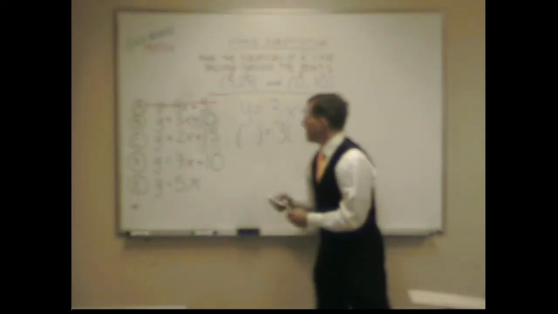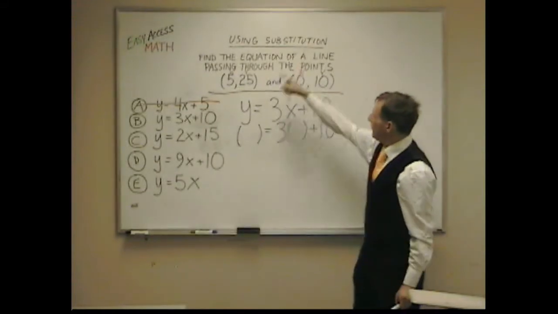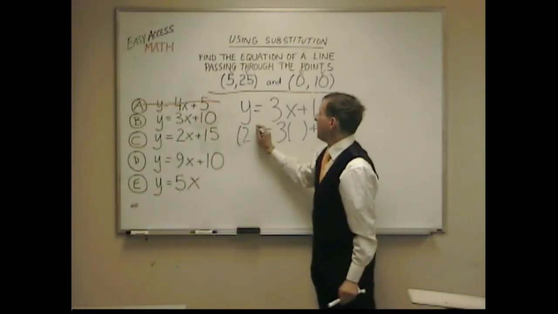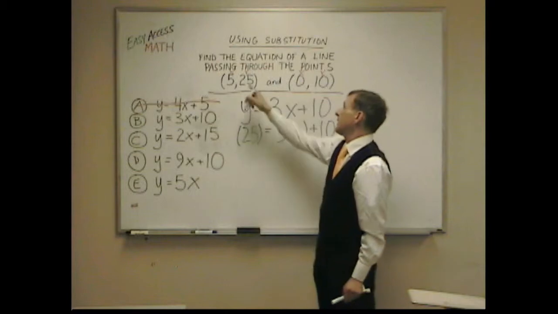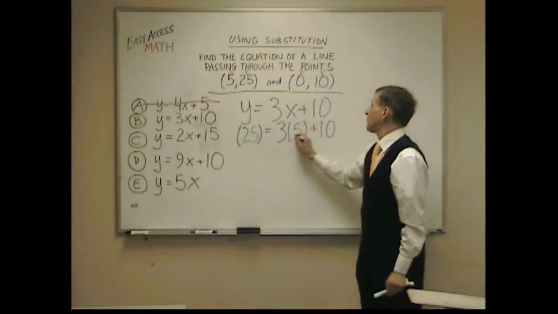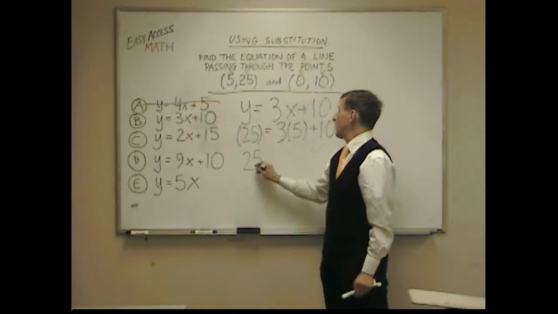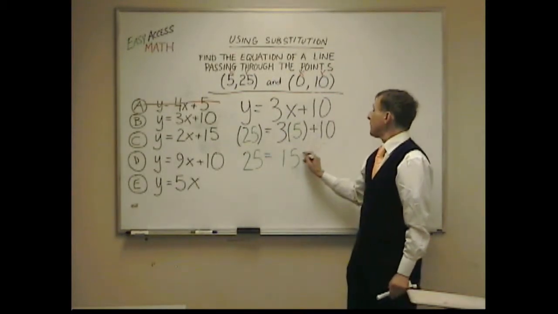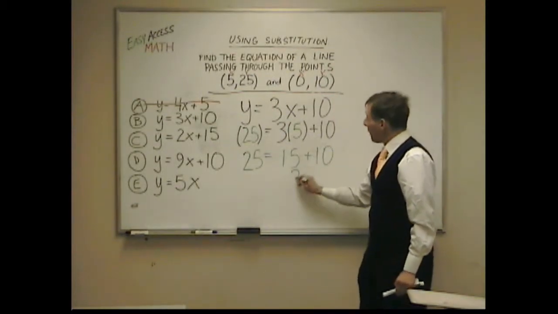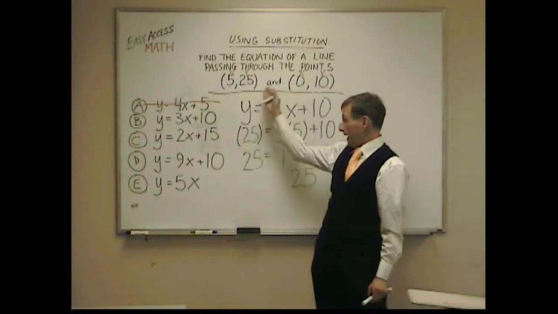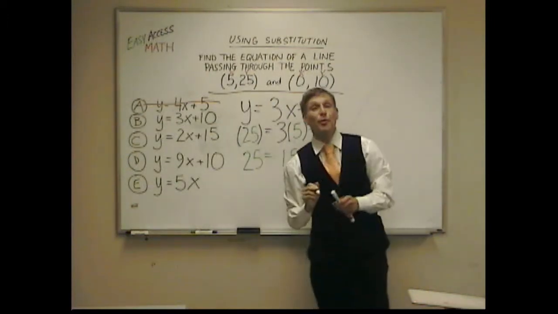And let's take a look. I have 25 for the y equals 3 times 5 plus 10. 25, 3 times 5 is 15. 15 plus 10. Wow, that works. It's 25.